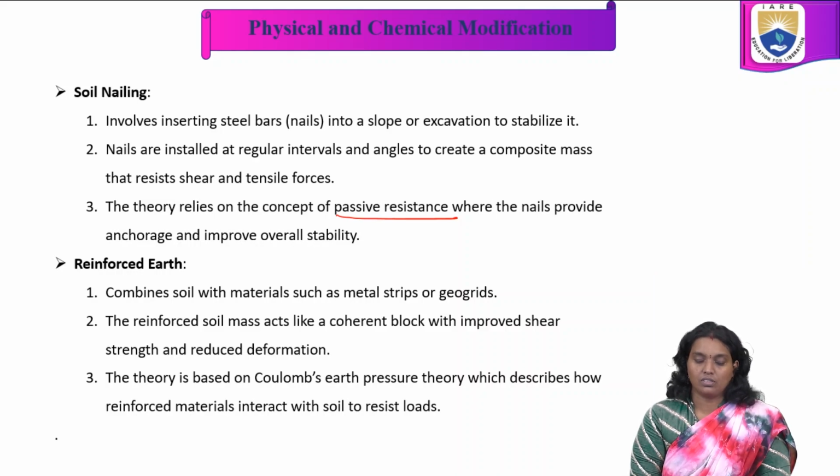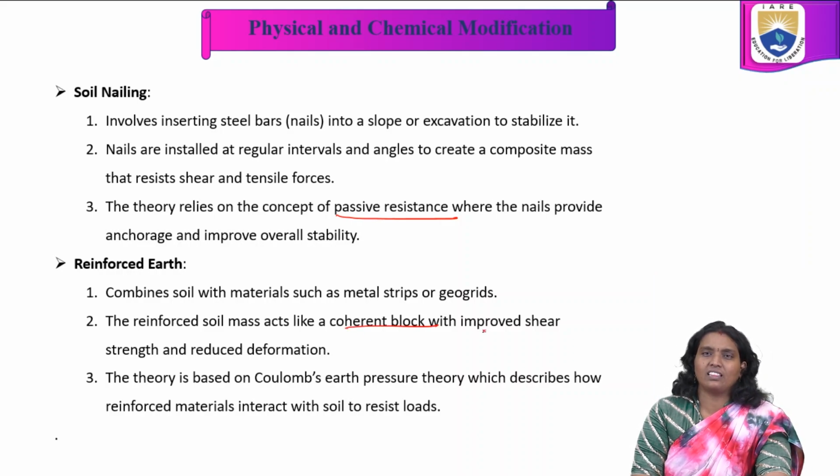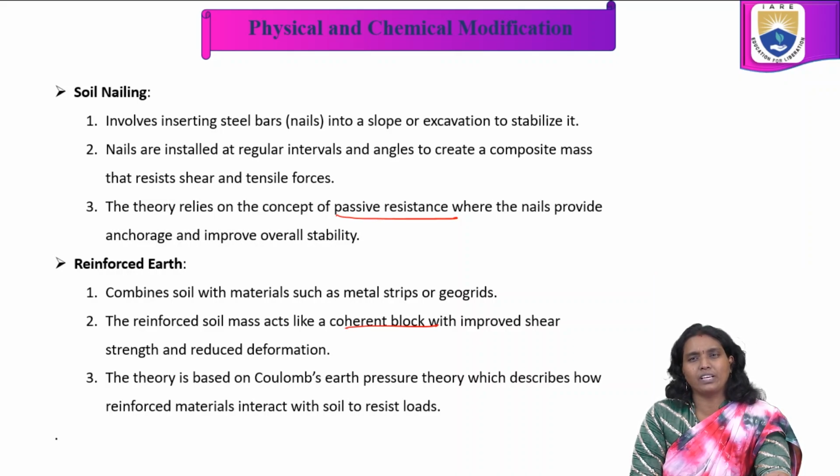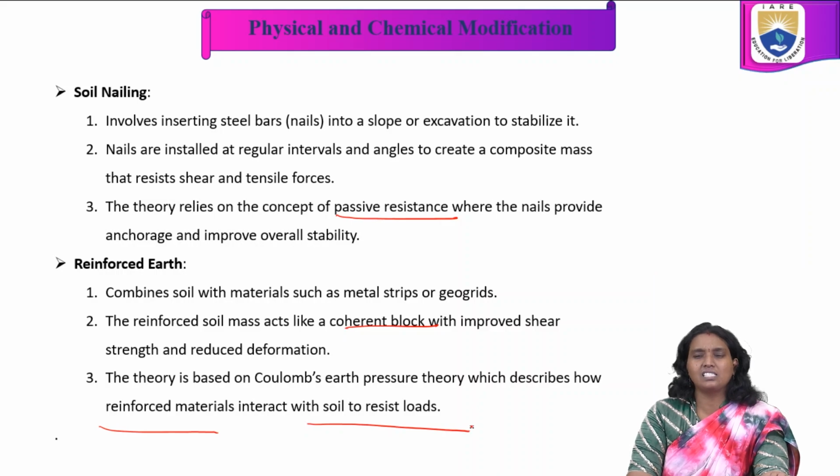The reinforced soil mass acts like a coherent block with improved shear strength and reduced deformation. The theory is based on the Coulomb earth pressure theory, which describes how reinforced material interacts with the soil to resist loading.